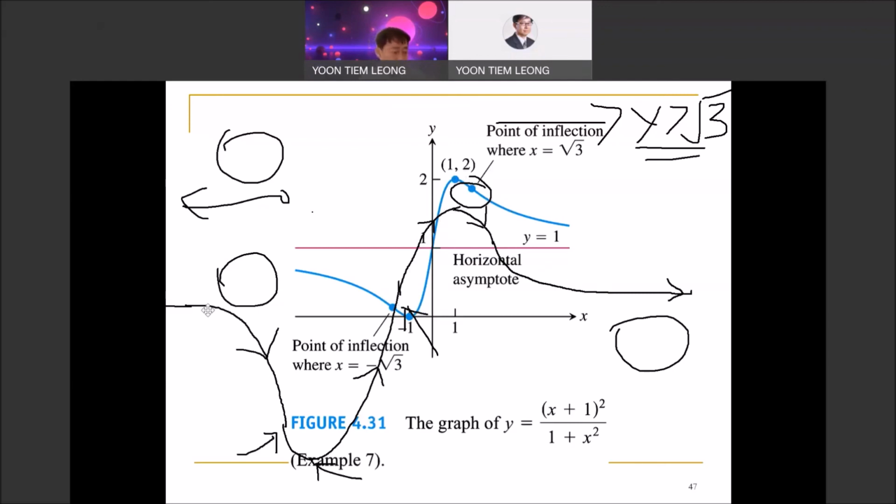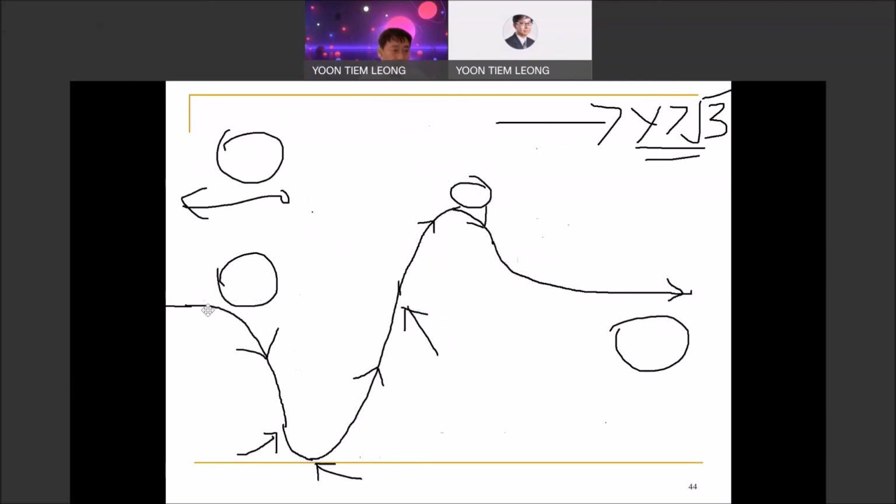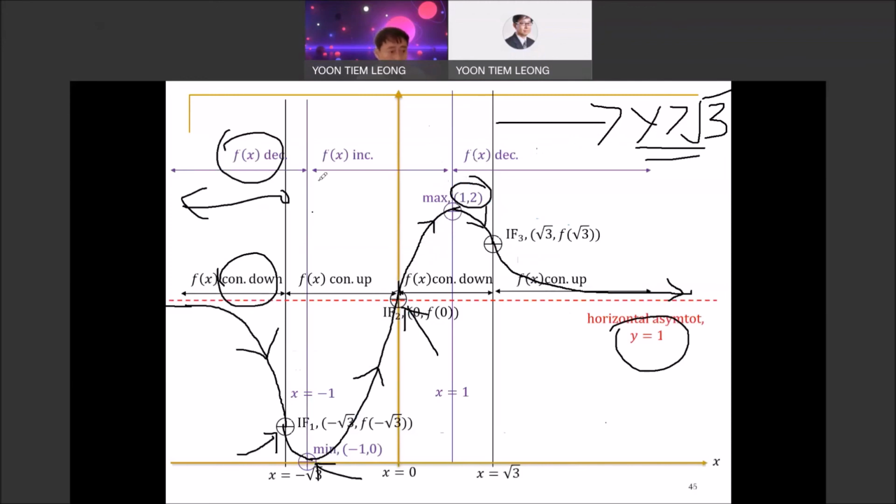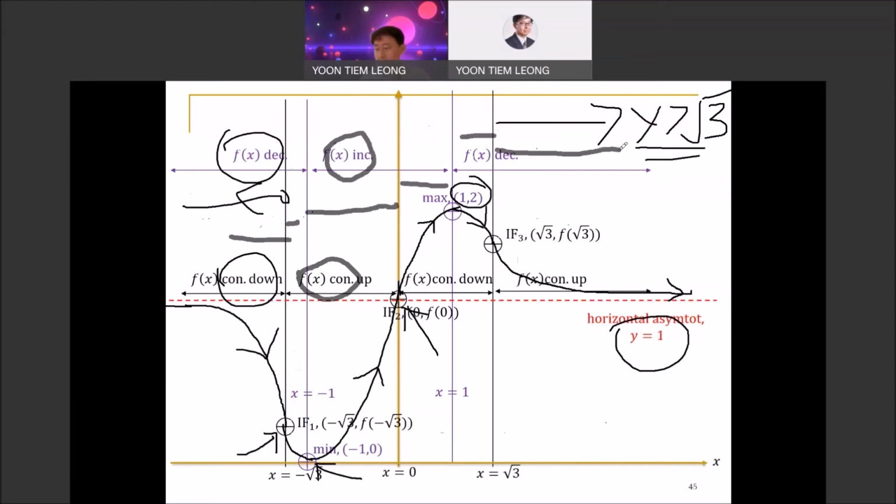So by knowing the trend of the function and the concavity of the function in different regions, you just have to work out the shape of the graph step by step using the method that I just showed you. If I give you a function and ask you to sketch the graph, this is the procedure that you can follow.